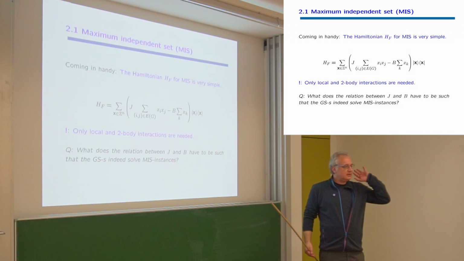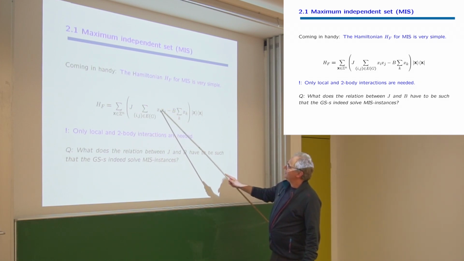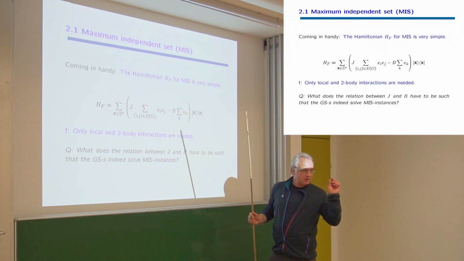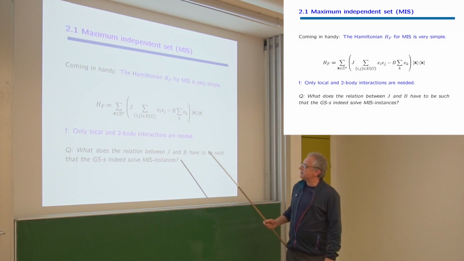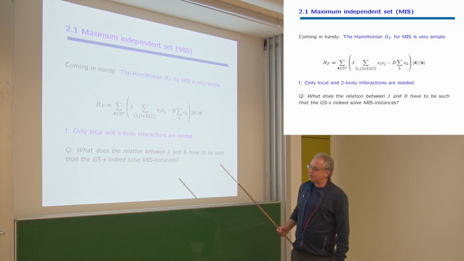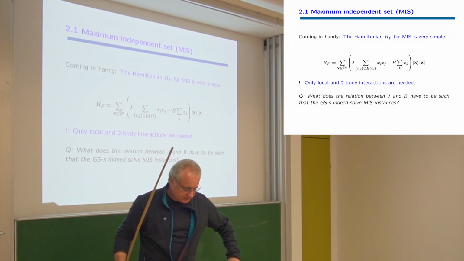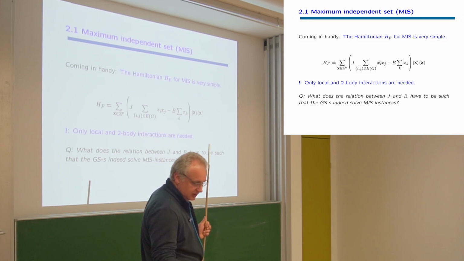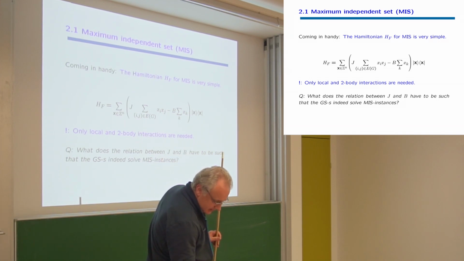But the important thing is that this is a two-body interaction, and this is just a one-particle interaction with an external field. So this is feasible. We see right here that this is only a local Hamiltonian, with one- and two-body interactions.